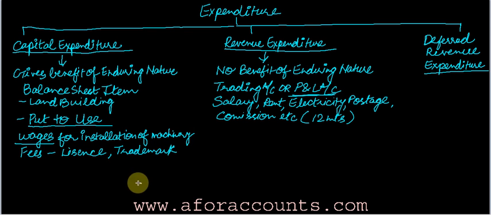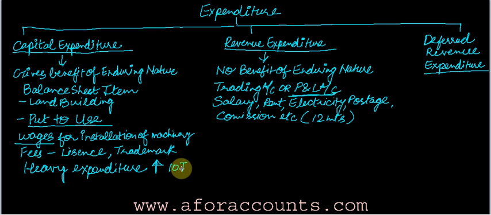Now, some heavy expenditure incurred that increases the efficiency or the value of your fixed asset. Say I have a machine which could produce 10 tons of a material in a day.